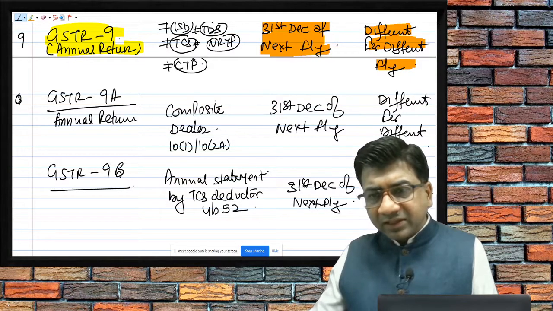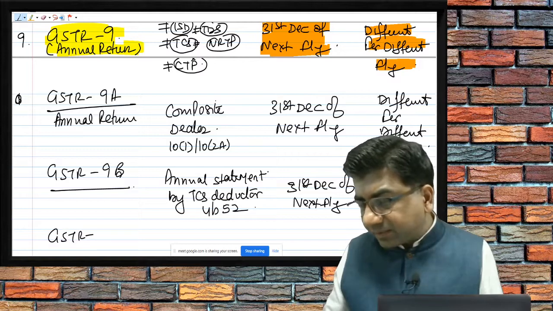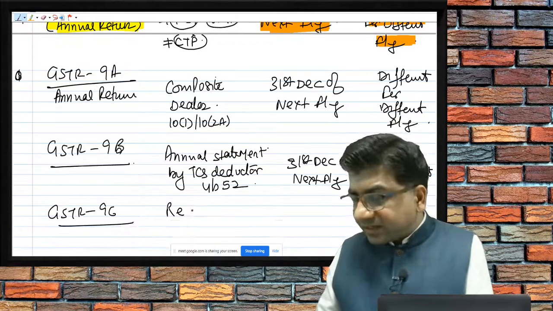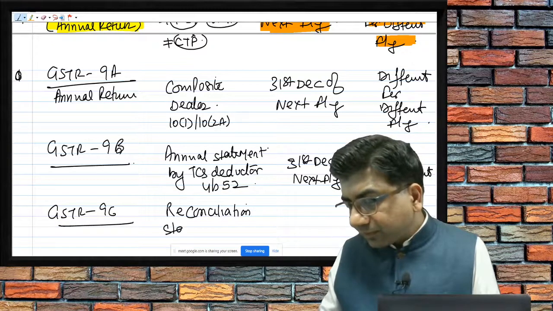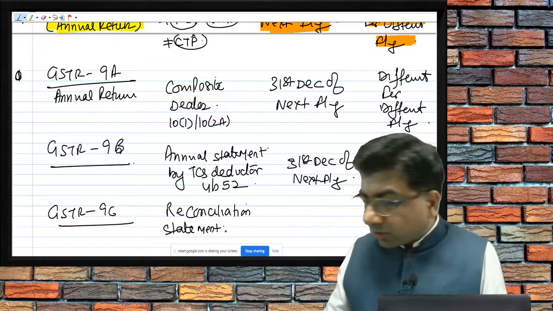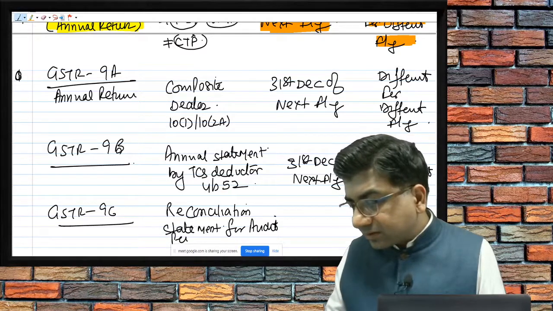And last but not the least, GSTR 9C. Again, this is a reconciliation statement, for audit persons.